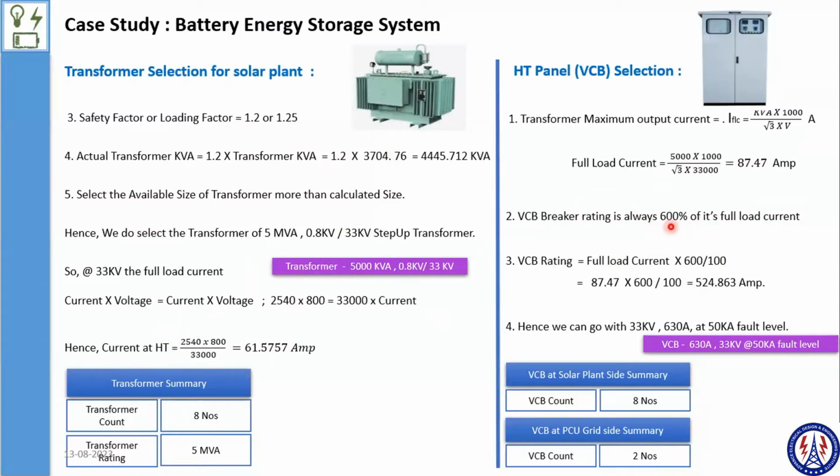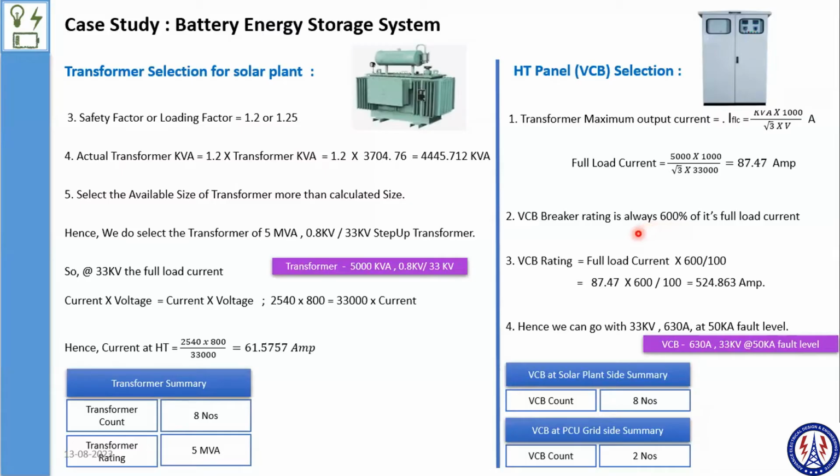On the higher rating, it is normal practice, ranging from 150%, let's say 1.5 times, roughly. So 150 to 600. That's the normal practice.